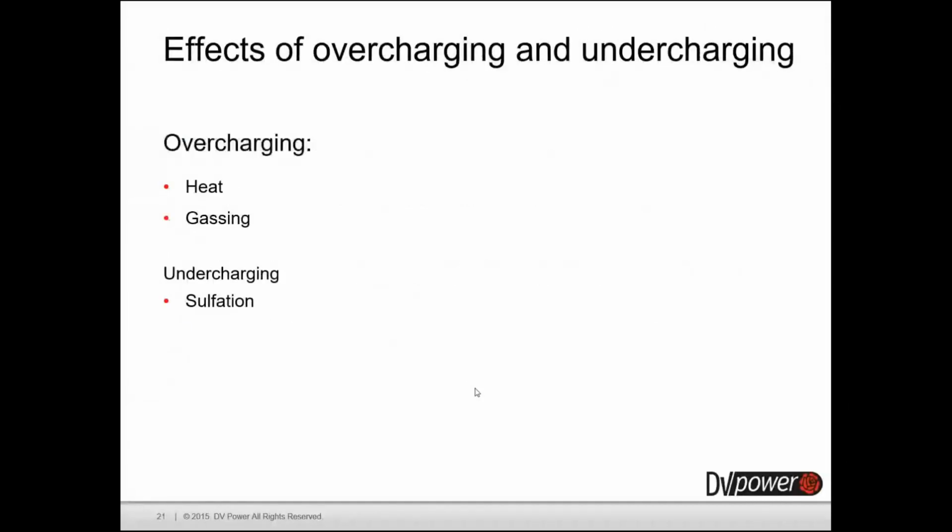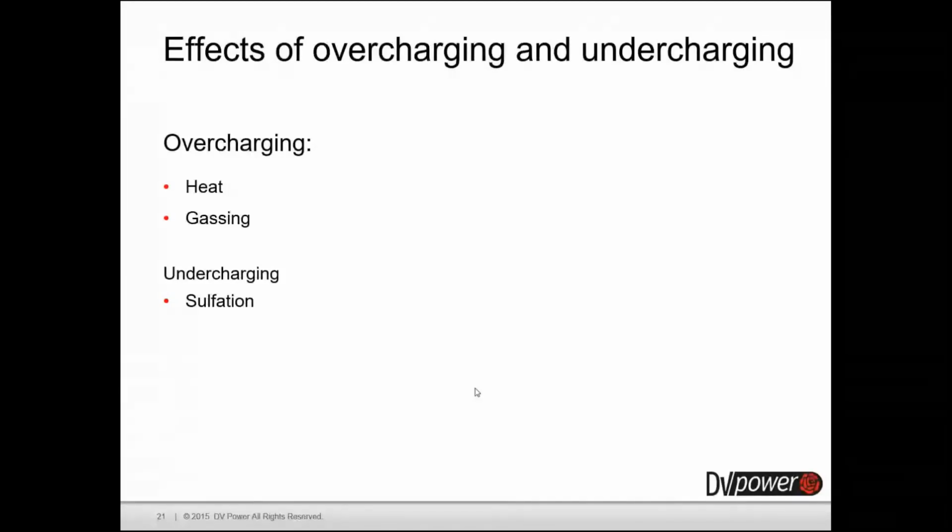So in all types of battery, you have effects of overcharging and undercharging. And that's why it is highly advisable to use the manufacturer's recommendation to avoid both of these, because they both can cause severe damage to your battery, because overcharging can produce heat, which, as already said, is fatal especially for the lithium-based battery.